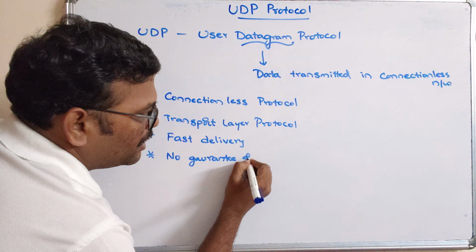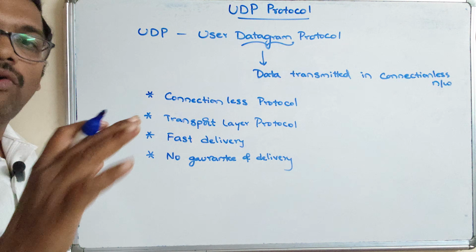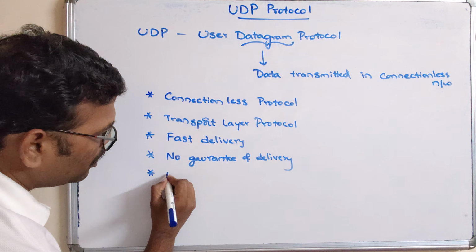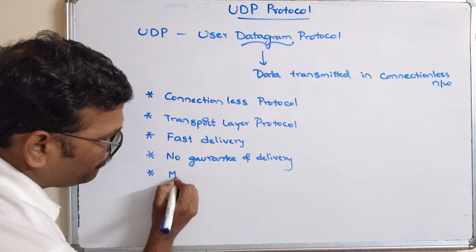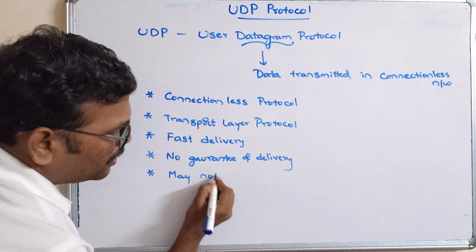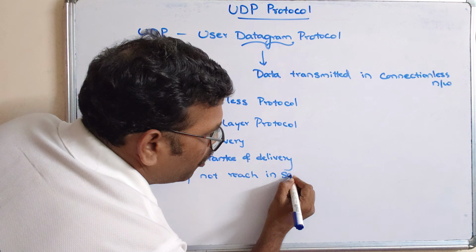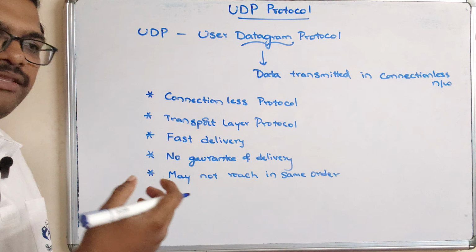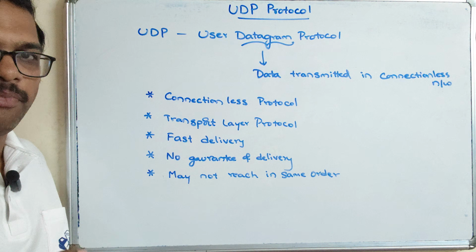It will deliver the packet very fast, but there is no guarantee of reaching the destination, and also it may not reach in the same order. Whatever order we are sending from the sender side, the same order it may not reach at the destination. So this is also one point.